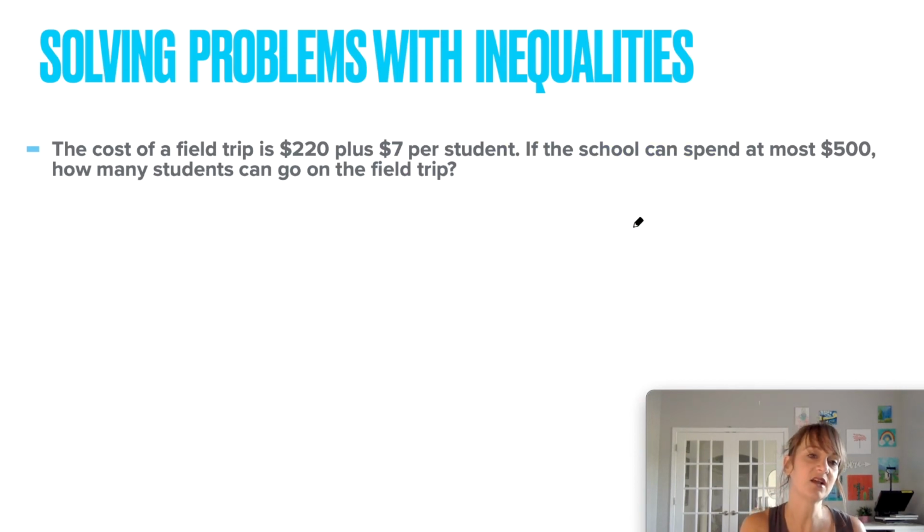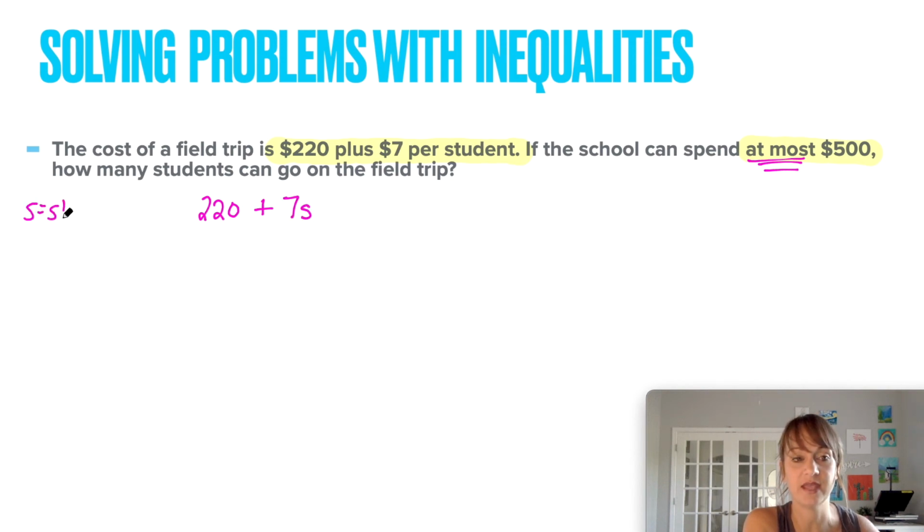Okay, next, the cost of a field trip is $220 plus $7 per student. So again, this helps us to understand how to write the inequality, and they want to spend at most $500. So we know that it's going to cost $220 plus $7 per student.